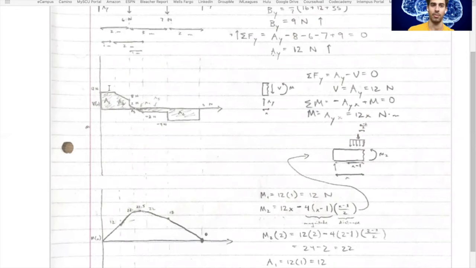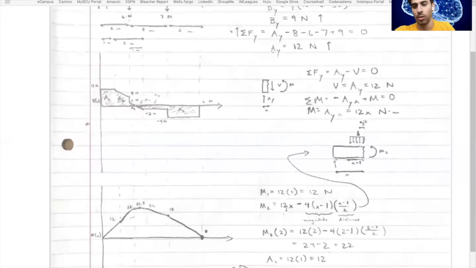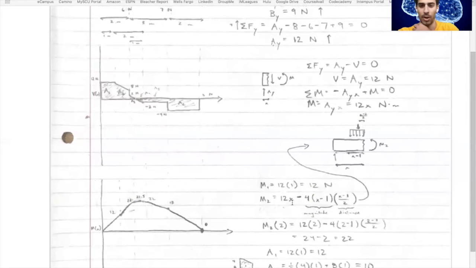Kind of similar to how this is constant, and that makes this a straight line, because the integral of a constant number is just the constant times x, and then the integral of x is x squared over 2, and so on and so forth. So you can kind of see that here, where I did an example of how you would solve this moment quantitatively.